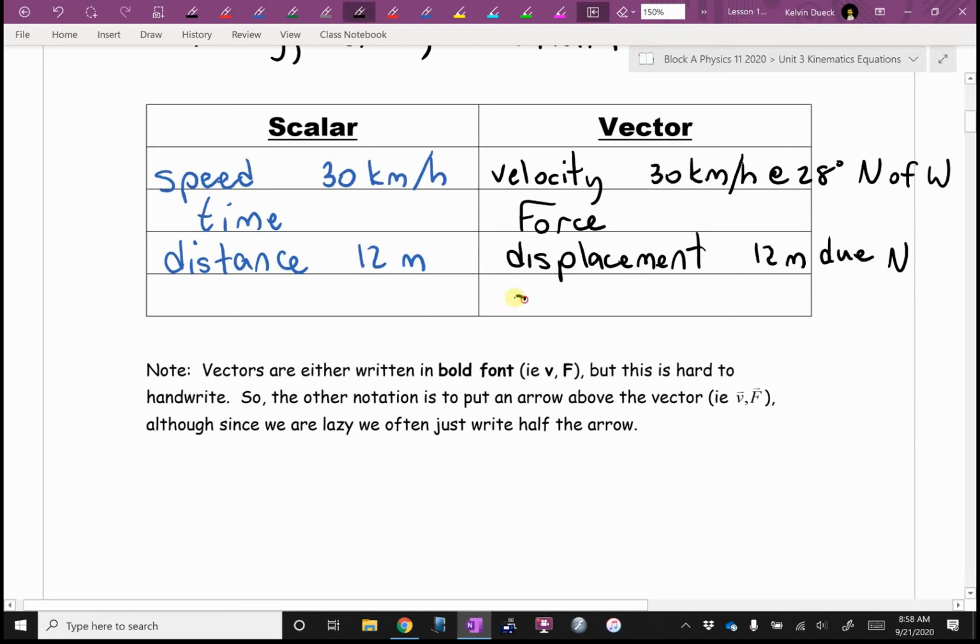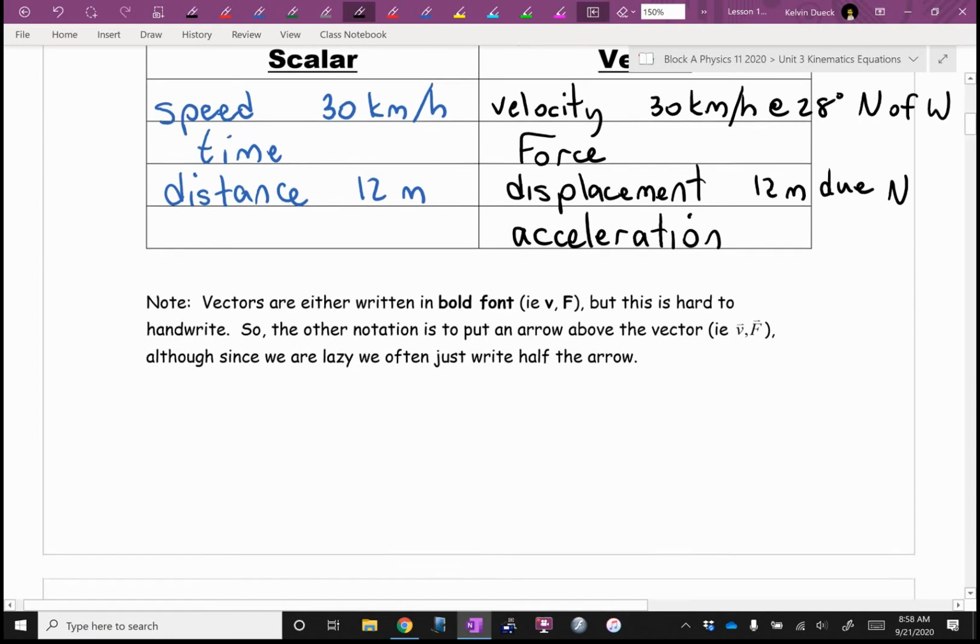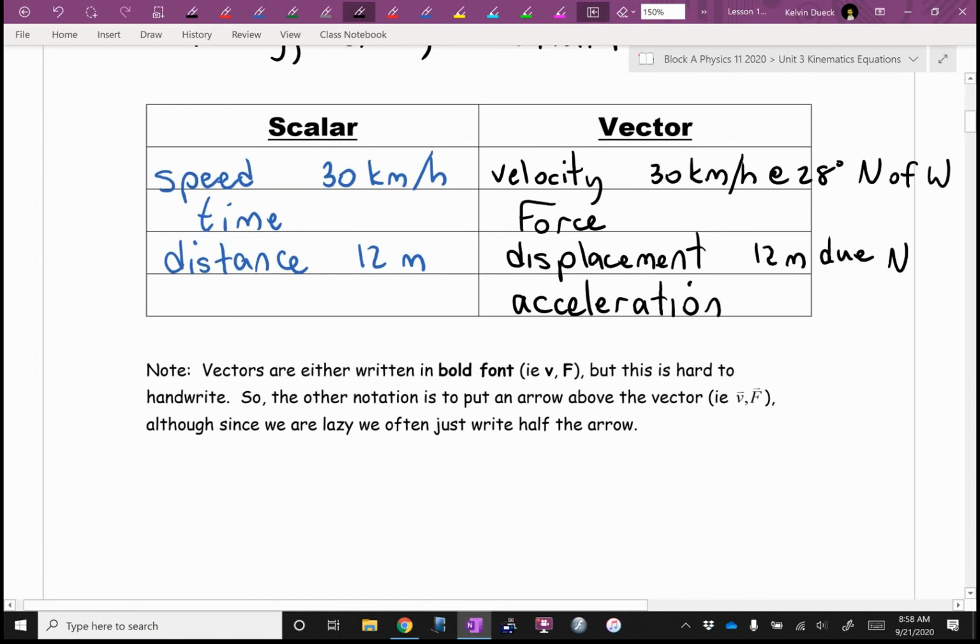We'll just usually go that way as a convention unless there's a good reason for doing something different. One of the other ones we're going to talk about an awful lot is acceleration. It's a vector. Little note, vectors are typically written in bold font, but this is hard to handwrite.